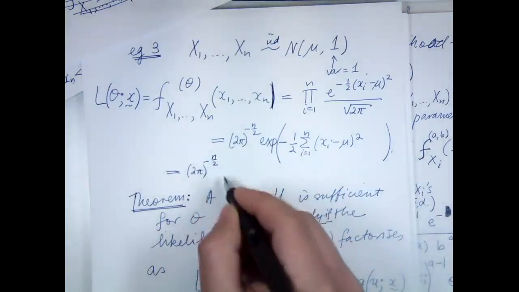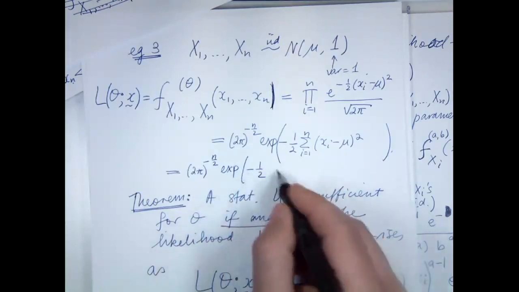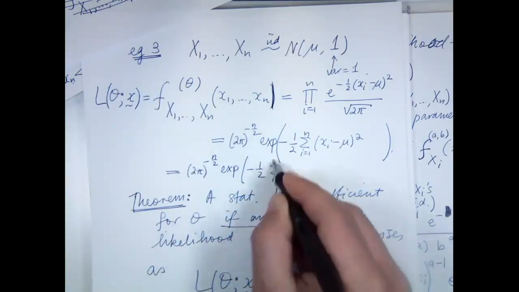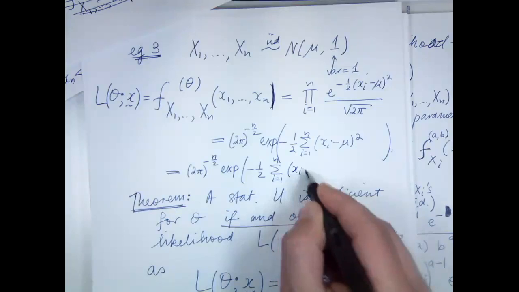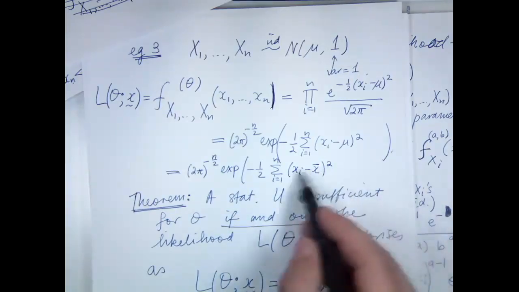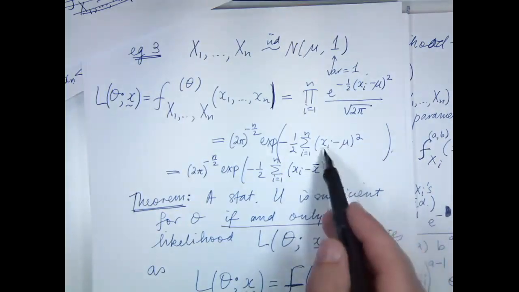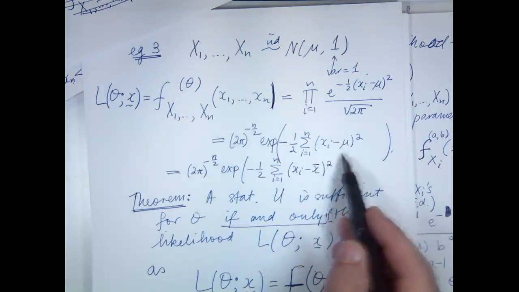So you can check the algebra. That's the same as exponential of minus a half sum, i equals 1 to n, of (xi minus x bar) squared, and then obviously there would be the plus (x bar minus mu) squared plus 2 times (xi minus x bar) times (x bar minus mu).